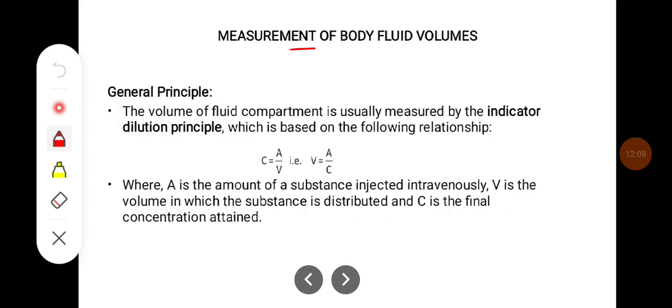How to measure the body fluid volumes? The general principle utilized here: the volume of a fluid compartment is usually measured by the indicator dilution principle, which is based on the following relationship.